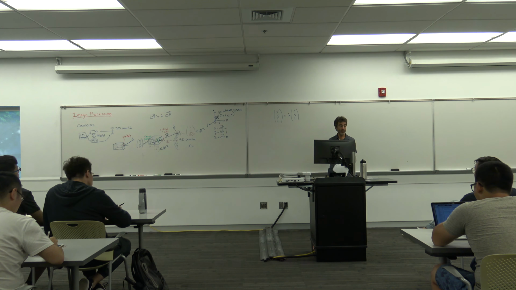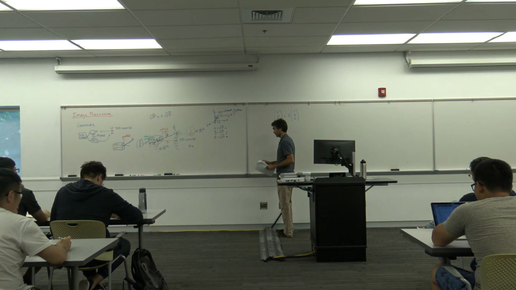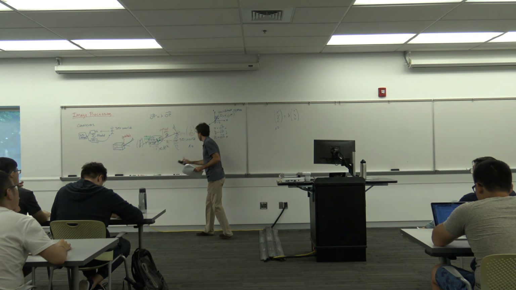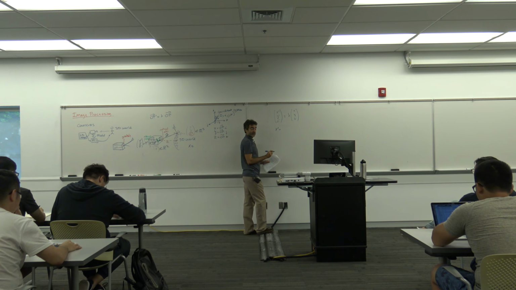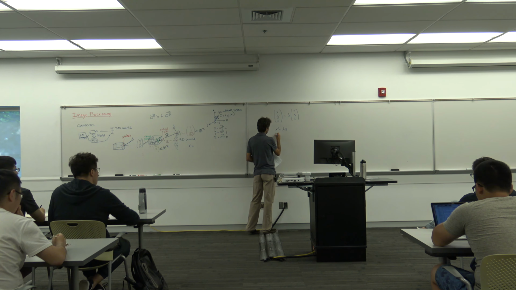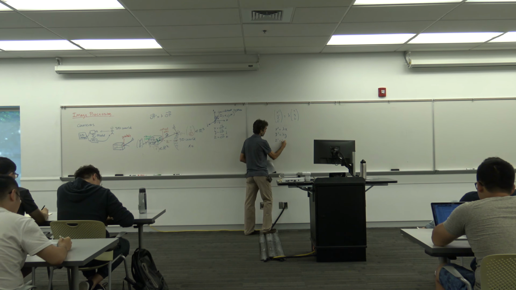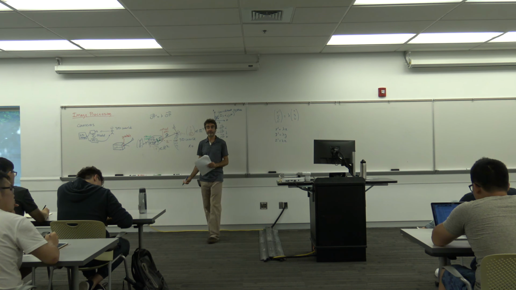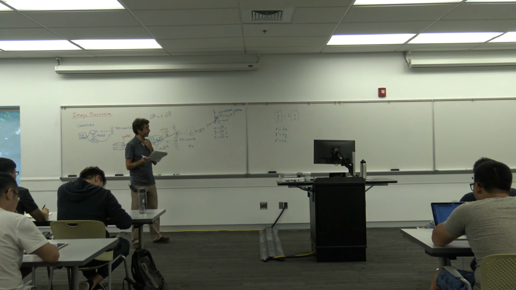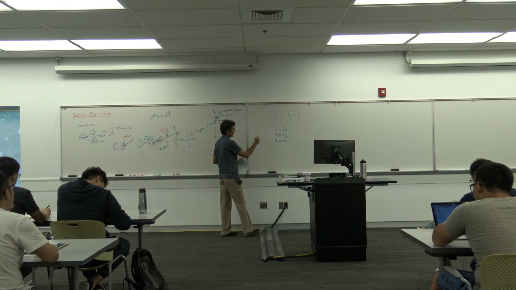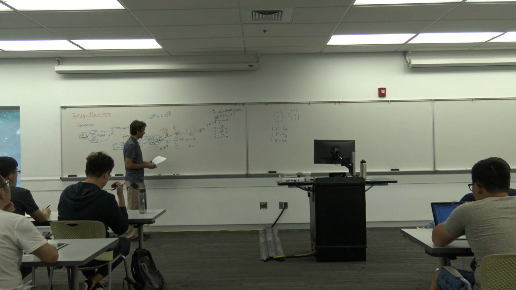So that means I can write x prime equals lambda x, y prime equals lambda y, and z prime equals lambda z. So I have a system of three equations.